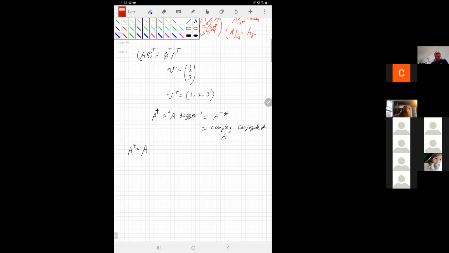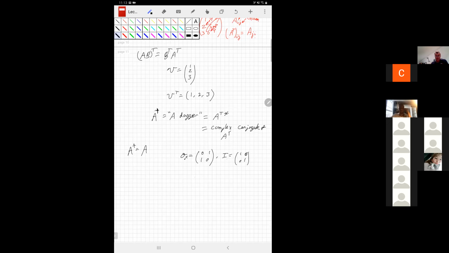So here are some examples of Hermitian matrices. Sigma x is clearly Hermitian because if we flip it, we get the same thing back. And since it's real, taking the complex conjugate doesn't change anything. I is Hermitian.